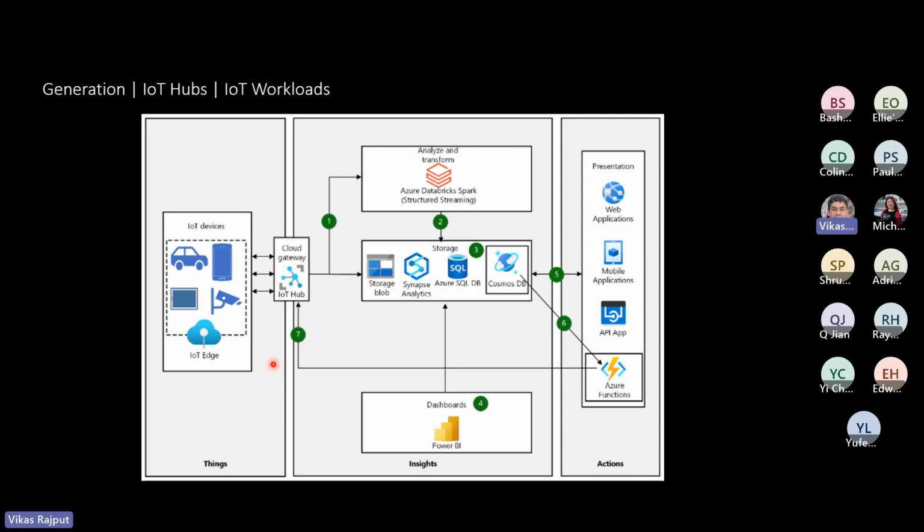And from this pattern, there are different other things that can happen, right? So you have one line of consumption which goes from here to storage blob, and through storage blob it becomes more like a distribution channel if you think about it.